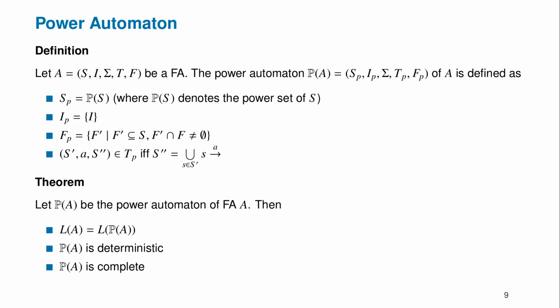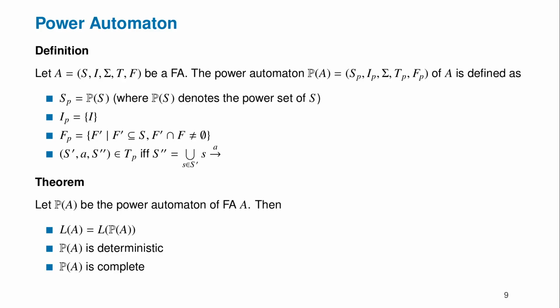For describing a system, it's often more natural to use a non-deterministic or non-complete finite automaton, but there are techniques which require these properties, and then if we do not have them, we cannot apply them. Hence, it's then necessary to transform the non-deterministic, non-complete automaton to a deterministic and complete automaton which accepts the same language as the original automaton.